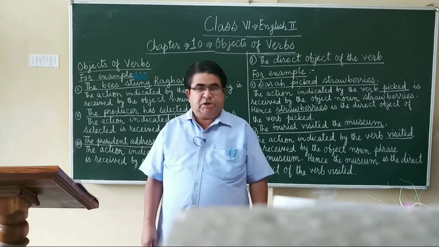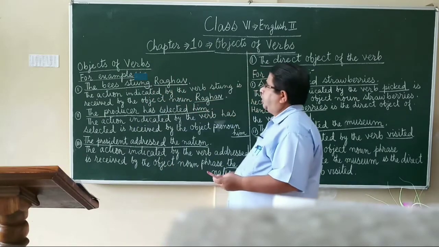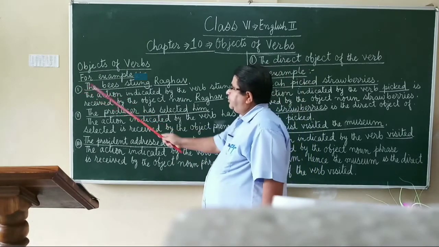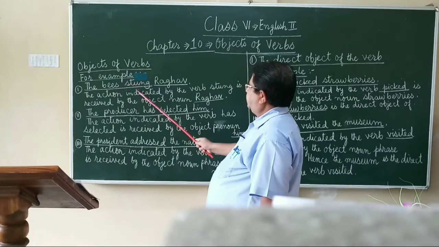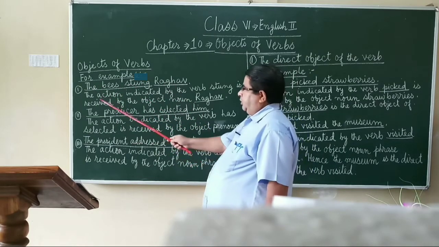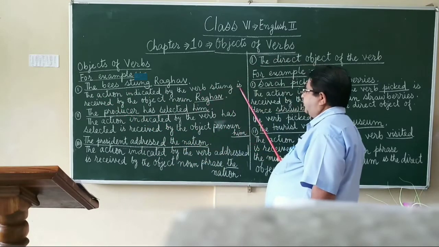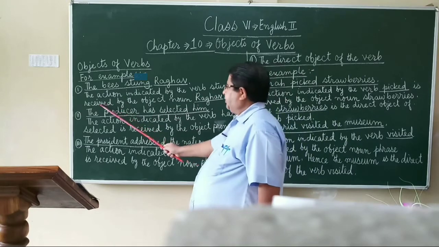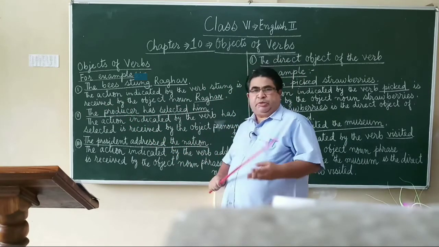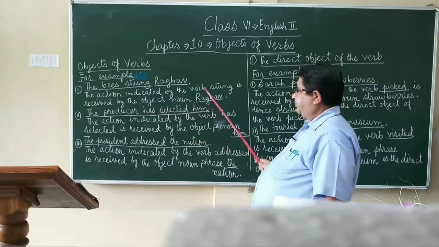For example, children, all of you see the blackboard. Example 1, the bees stung Raghav. Here the action indicated by the verb stung is received by the object noun Raghav. You see the example 2, the producer has selected him.